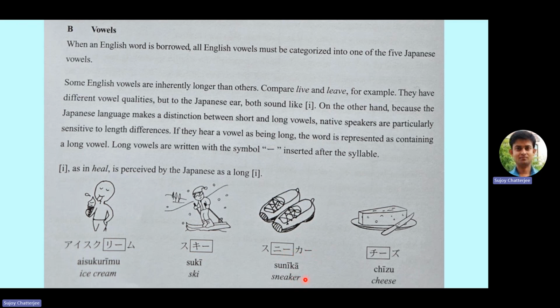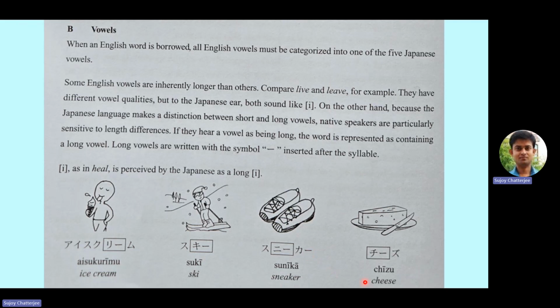We will learn later in this video why this r has been replaced with this dash. This is another rule which we have not yet learned. We will be learning it in a couple of slides from now.